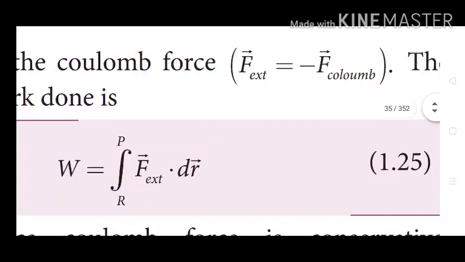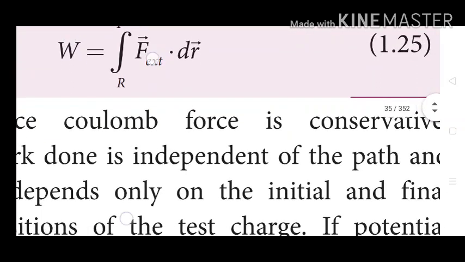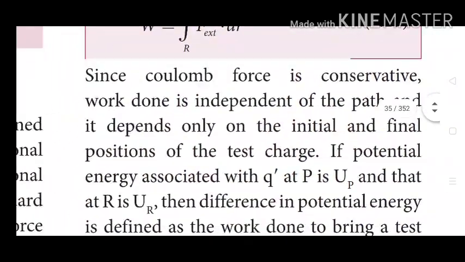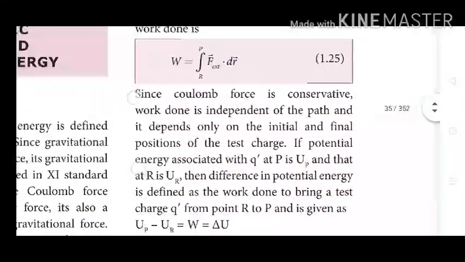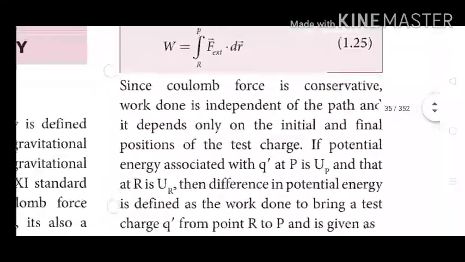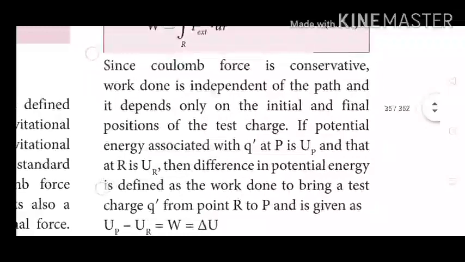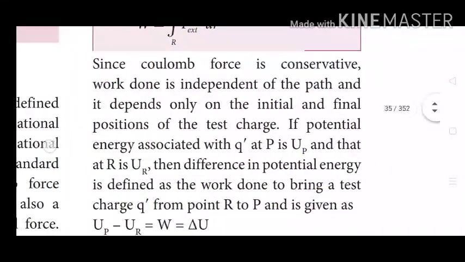Children, we already studied work in lesson 4 of 11th standard. Since the Coulomb force is conservative, work done is independent of the path and depends only on the initial and final positions of the test charge.